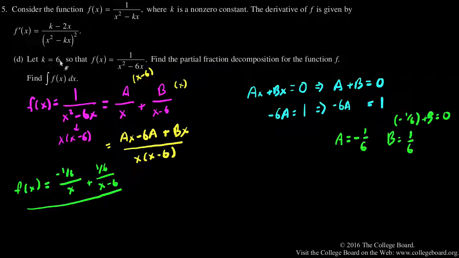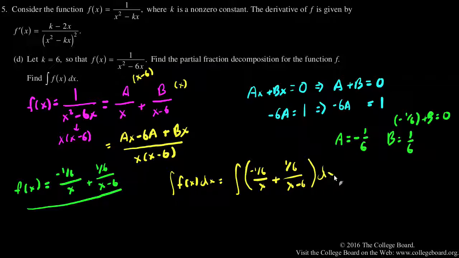And now I can go ahead and find the integral. So the integral, or the antiderivative of f of x dx, will equal the antiderivative of negative 1/6 over x plus 1/6 over x minus 6 dx.